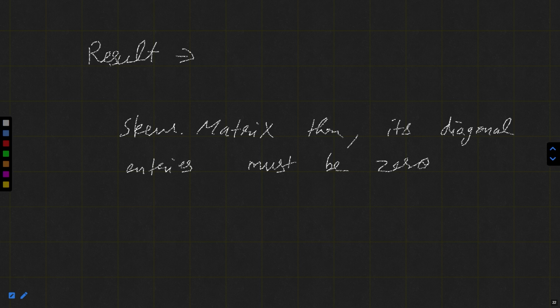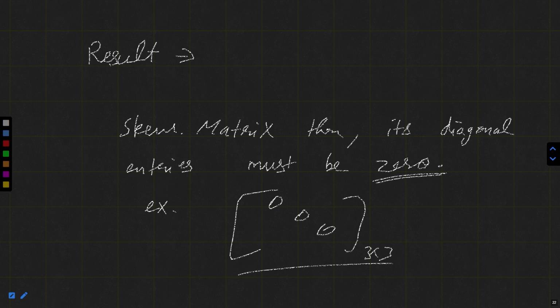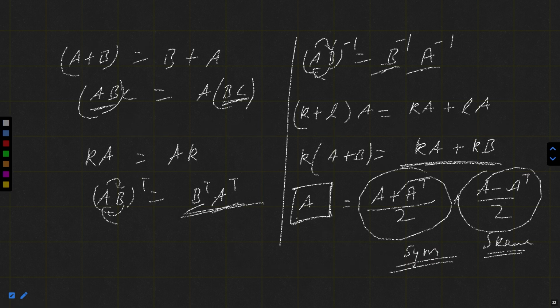Its diagonal entry must be 0. For example, you will have it like this in the case of 3 cross 3. Clear? I hope that it is clear. I hope that you must know about this from this chapter.